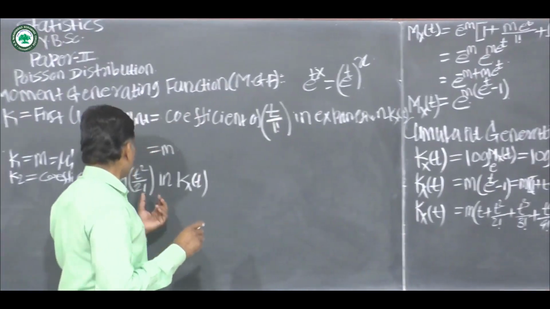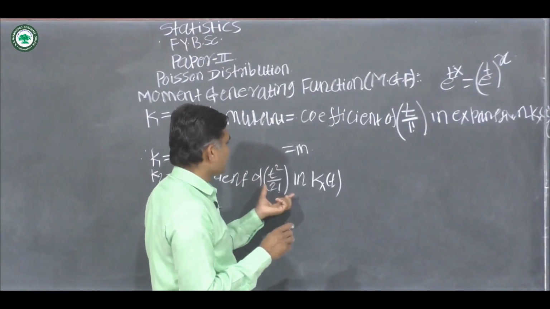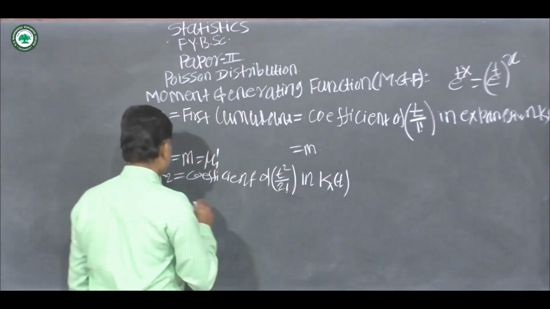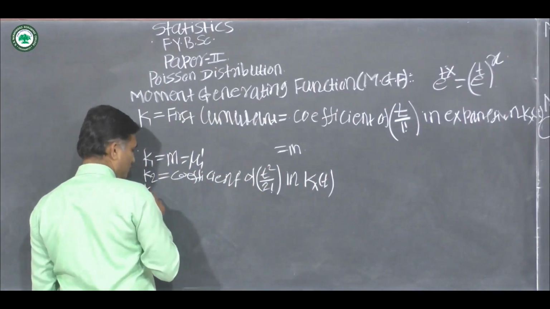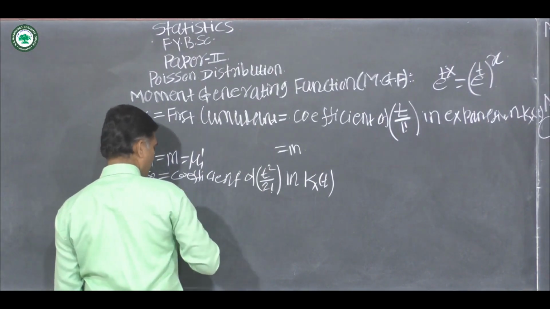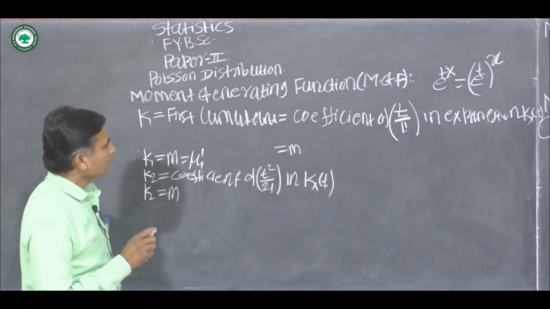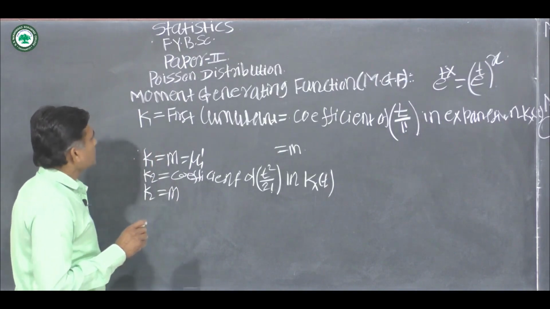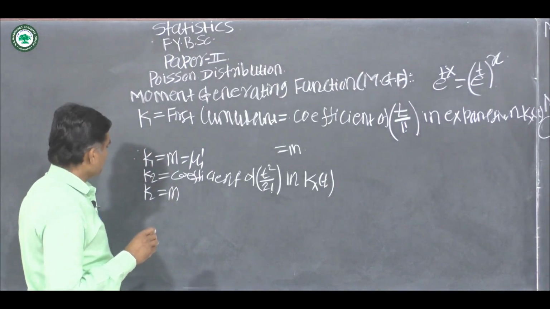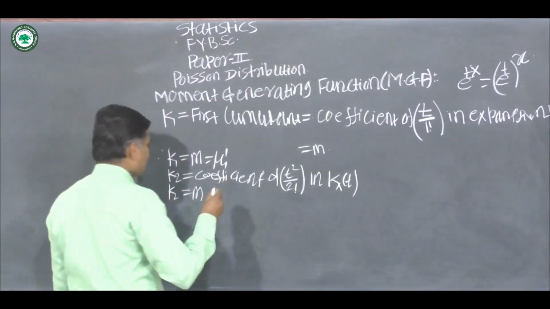The coefficient of t square upon 2 factorial is again m, that is K2 is equal to m. Okay, then also we can obtain K3 and K4 similarly.